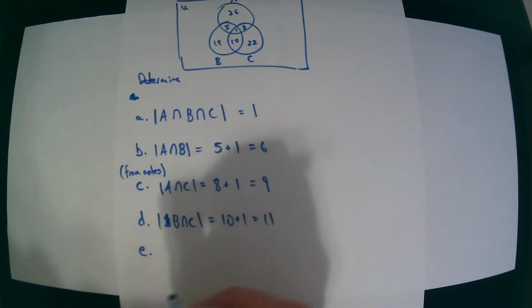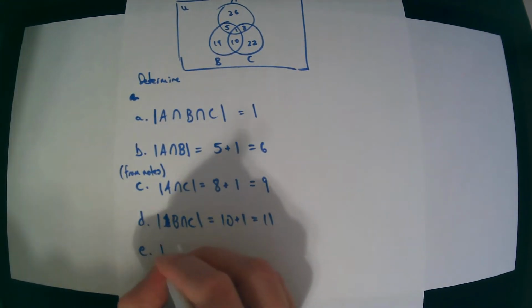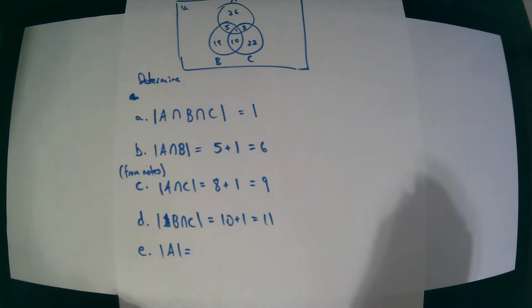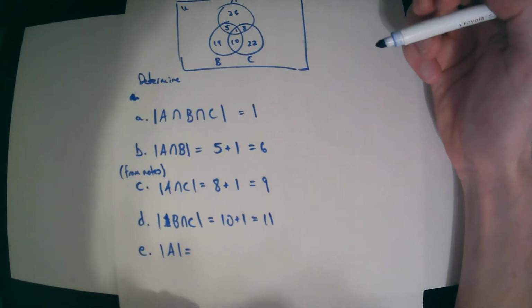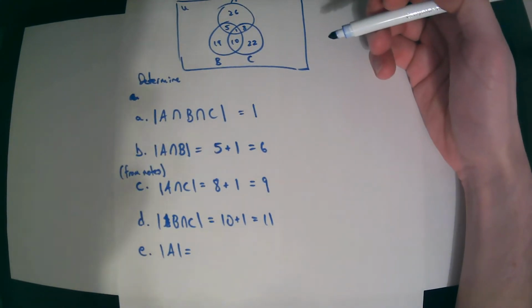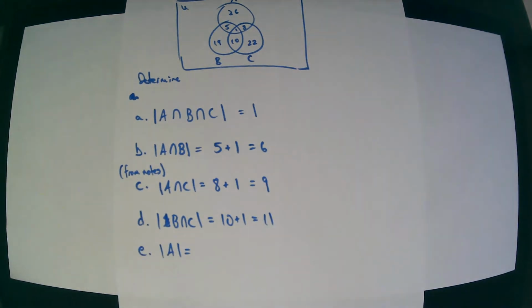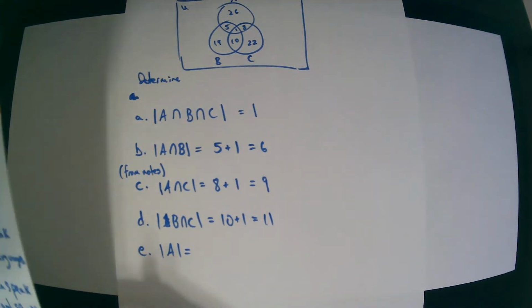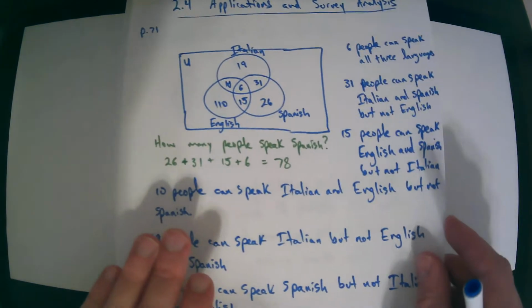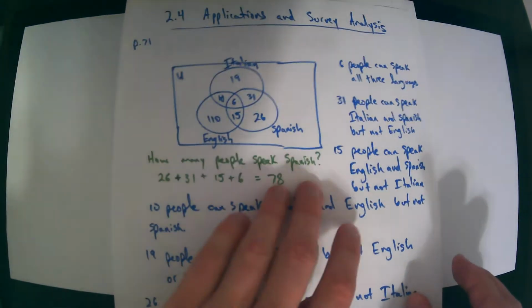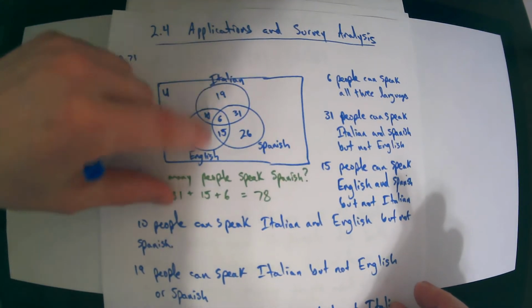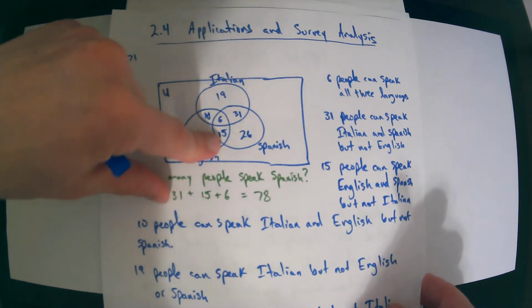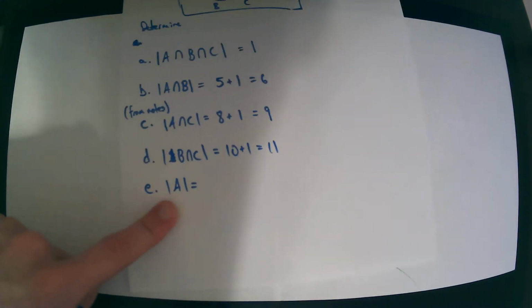Alright, what about E? The cardinal number of A. This is where we're going to add up. This is similar to the question I asked earlier, an analogy for how many people speak Spanish. That was asking how many people are in this one circle in the Venn diagram. That's kind of like what's going on here.